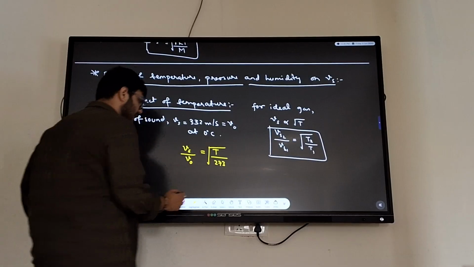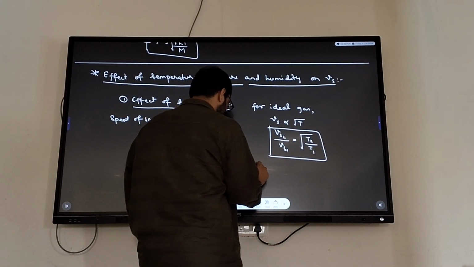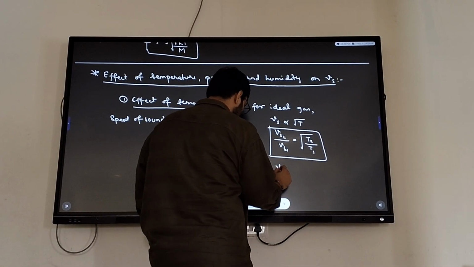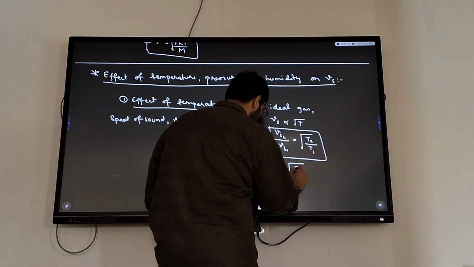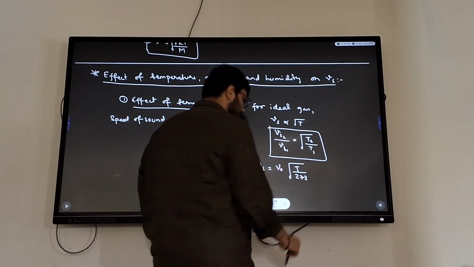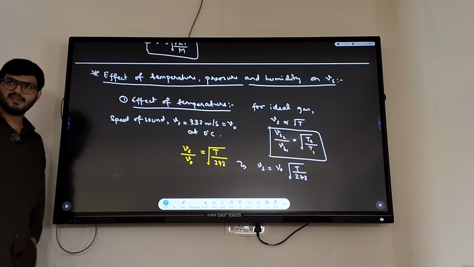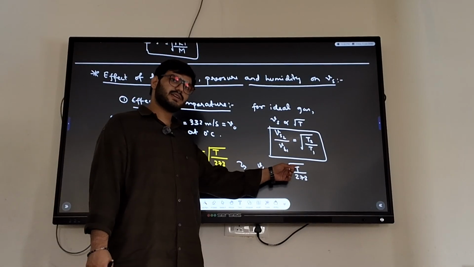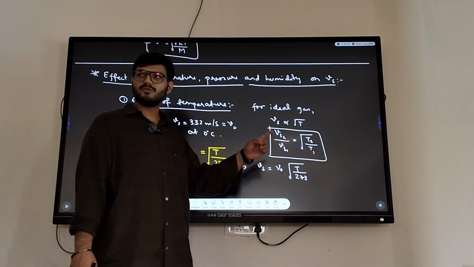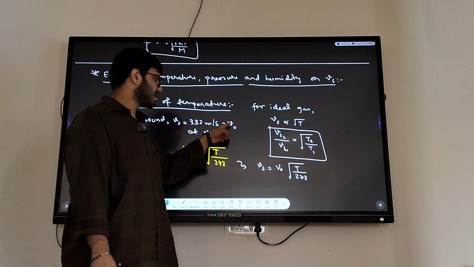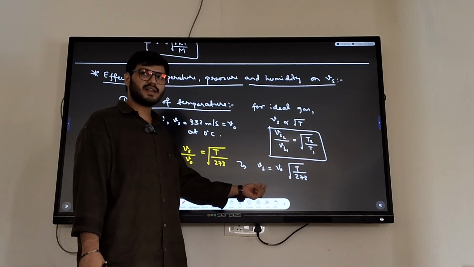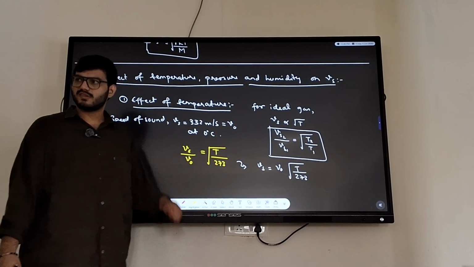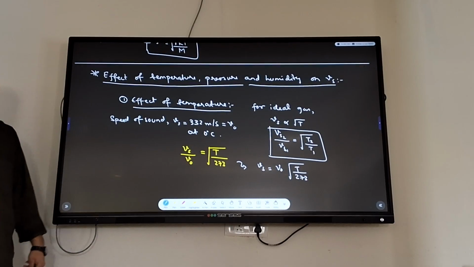Then this can equally be written as Vs, which is equal to V0 root T divided by 273. So can you see that we can find the velocity of the sound at any temperature T? How did we do that? By fixing some value of V0. By taking some reference. Using that reference, we are getting all those values.